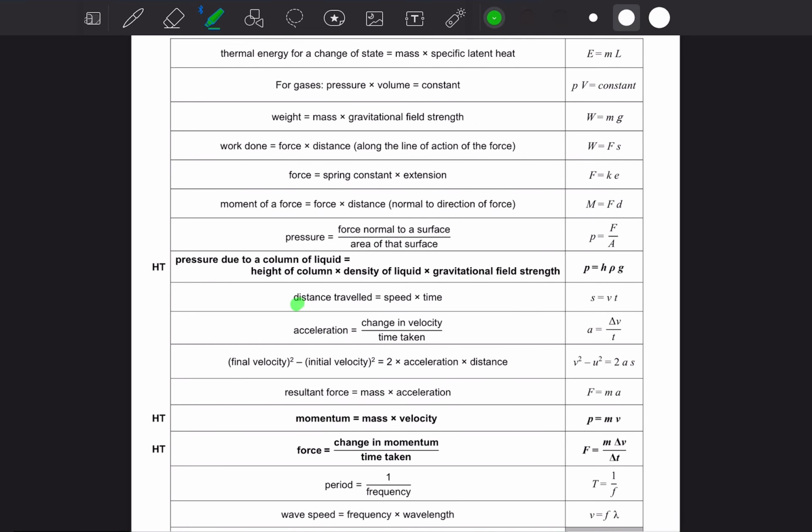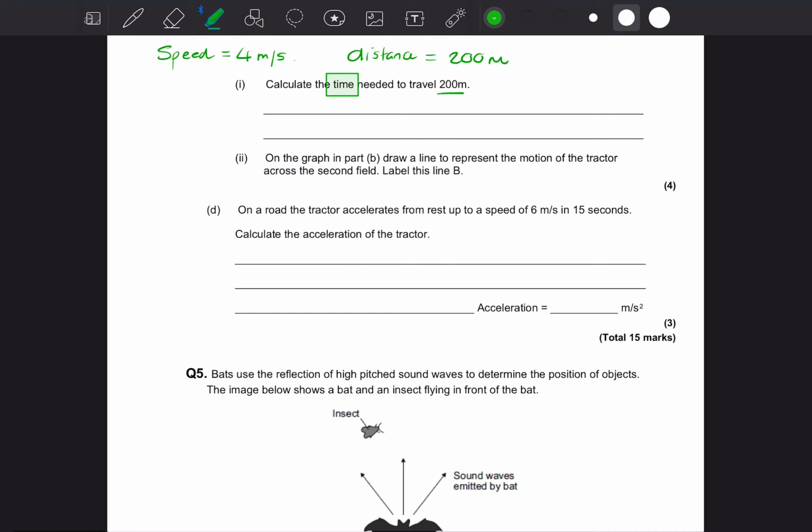So it's written in a slightly different format. So distance travelled is speed times time. So it wants the time. So FIFA, the formula: distance equals speed multiplied by time.